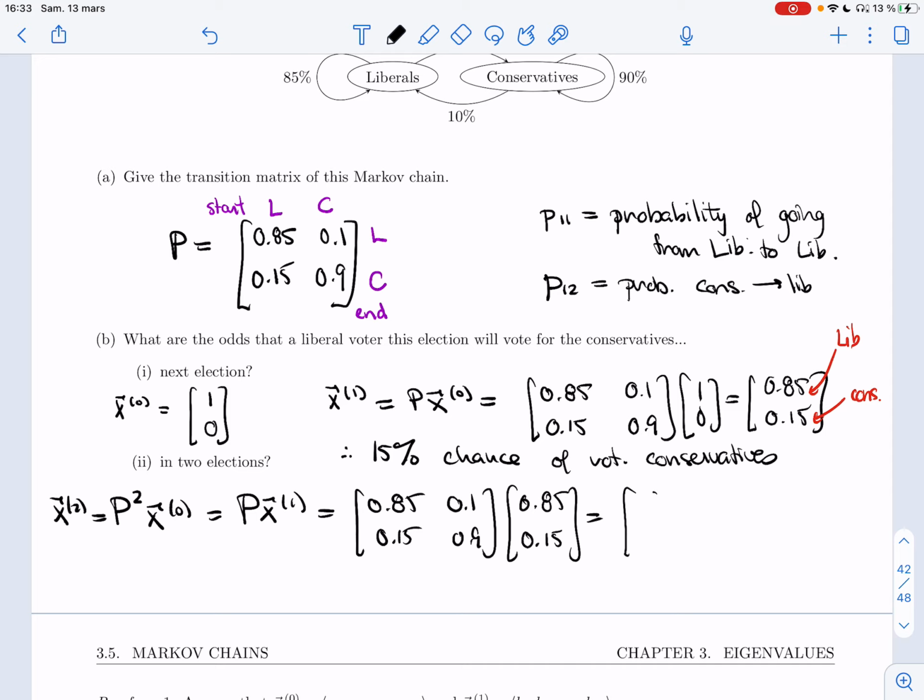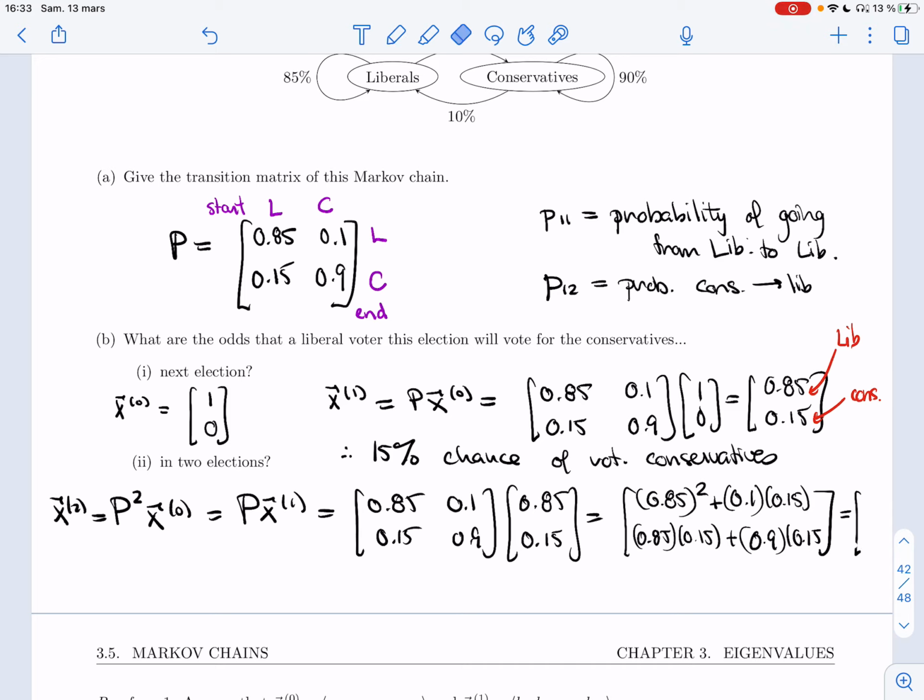I'm going to get 0.85 squared plus 0.1 times 0.15, and then here I'll get 0.85 times 0.15 plus 0.9 times 0.15.